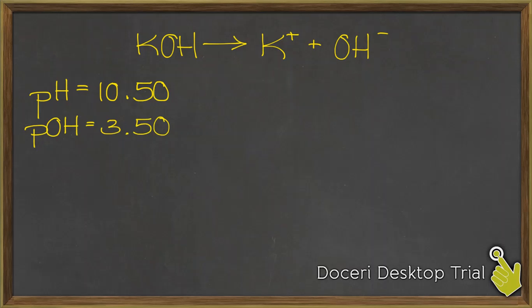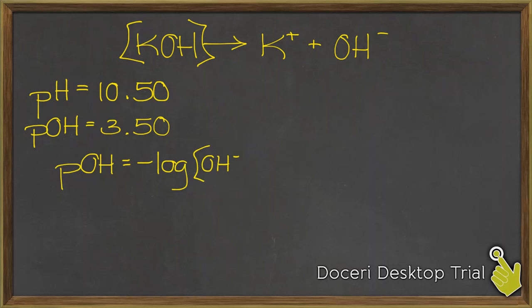There's my pOH, and if this is what I'm trying to find the molarity of, let's think about what we could do next. How about if we use this equation? I'm going to plug in my pOH.